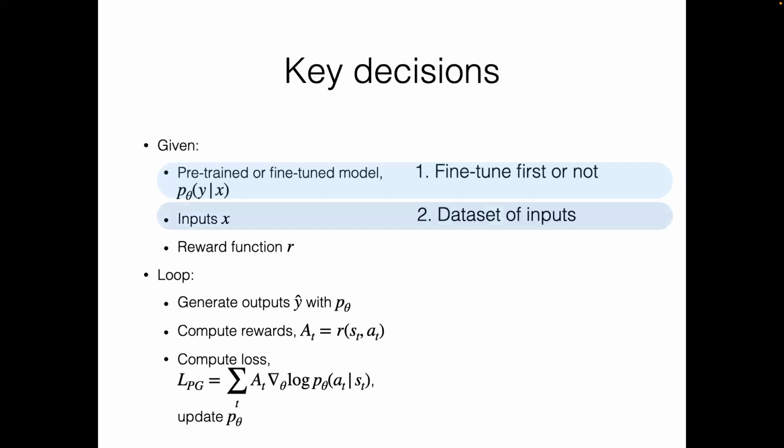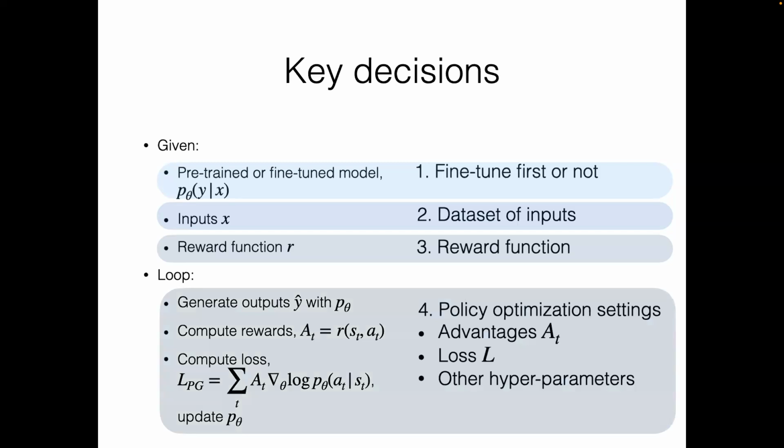A second is, which specific data set do you use? So how do you get these different inputs? And then a big one is your reward function. As we're going to see, sometimes it's difficult to define a good reward for the task. And so sometimes you have to put a lot of effort into coming up with a good reward function.